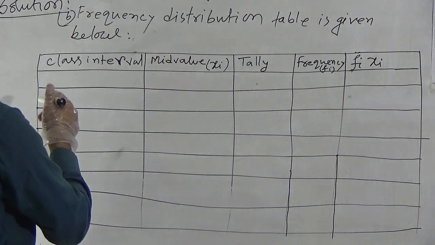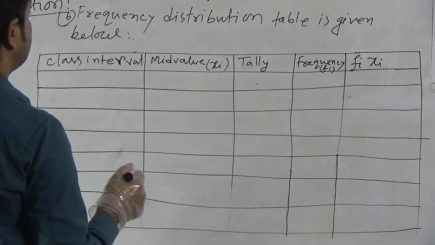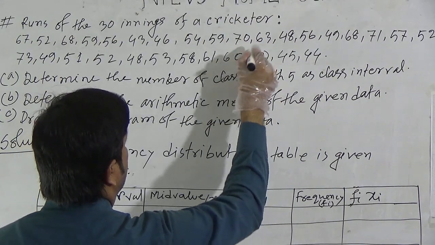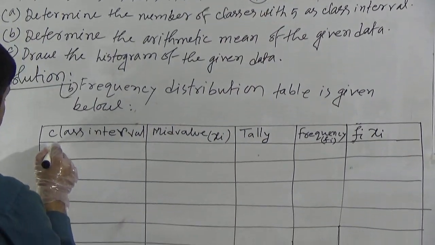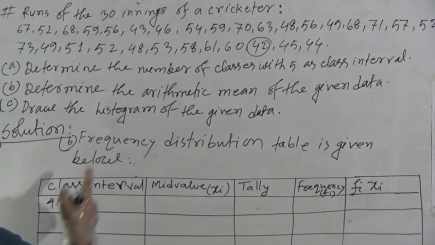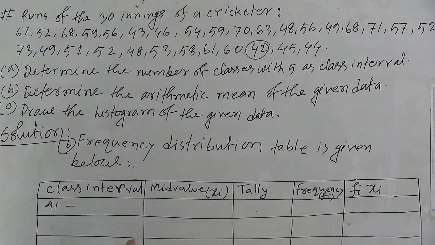Okay, now we can write the classes now. As our lowest number is 42, so we can start from 41, and as class interval is 5, so we have to go up to 5 from 41.